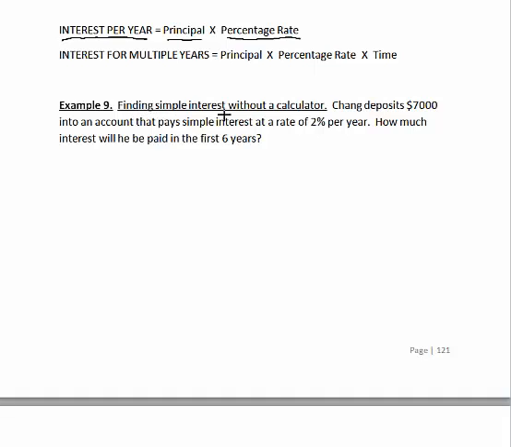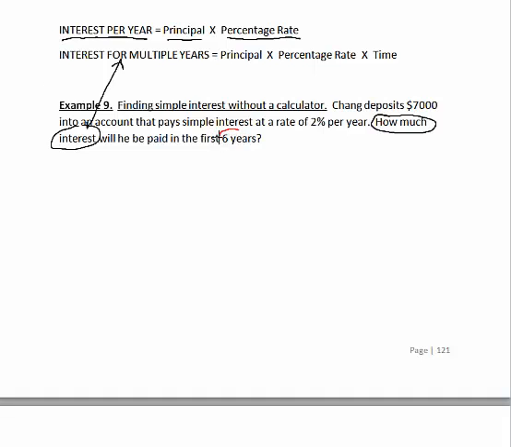Example 9. Chang deposits $7,000 into an account that pays simple interest at a rate of 2% per year. How much interest will he be paid in the first 6 years? Okay, how much interest? Well, that's what this answers. Interest for multiple years.